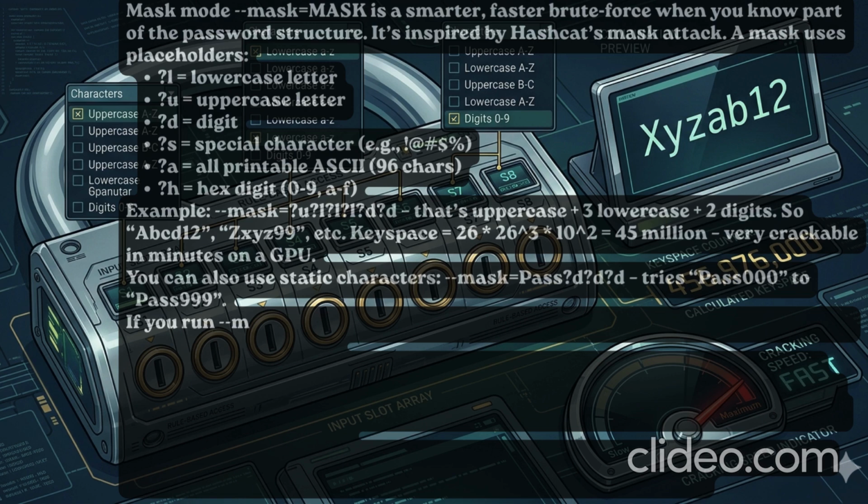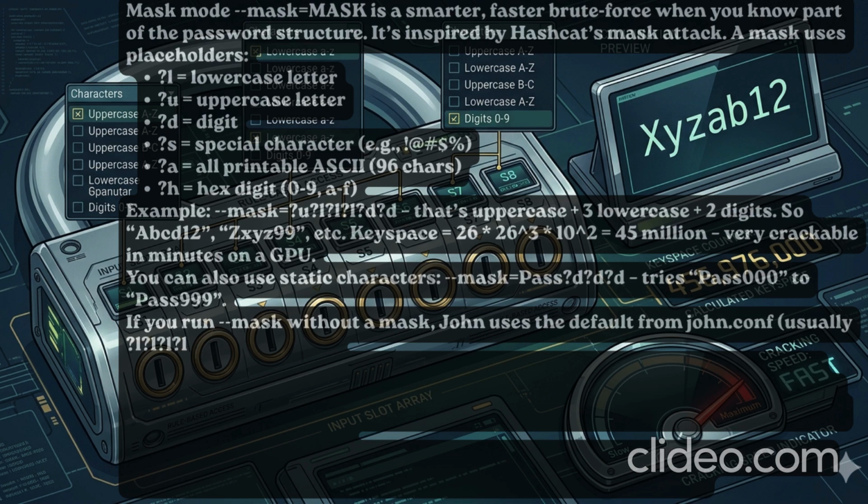You can also use static characters, like --mask=pass?d?d?d, which tries pass000 to pass999.